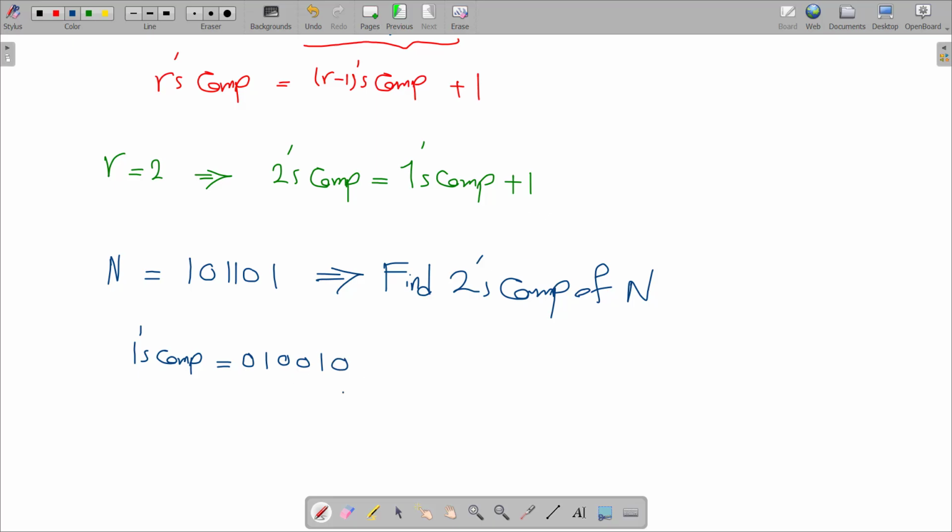If I add 1, I can find the 2's complement. 0 plus 1, 1, 1, 0, 0, 1, 0. Now this is the 2's complement of n, and this is the first complement of n. With adding 1, I can find the 2's complement.